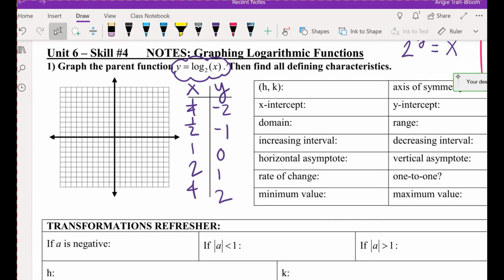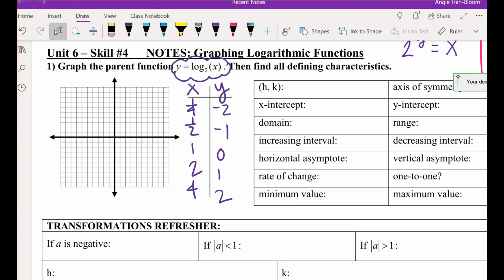Here are our x values. For log, it is the input. Can x ever be 0 for y equals log base 2 of x? No. Why did you say no? When y is 0, x is 1.